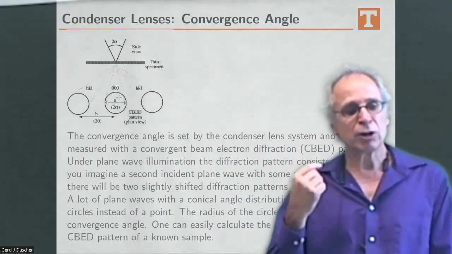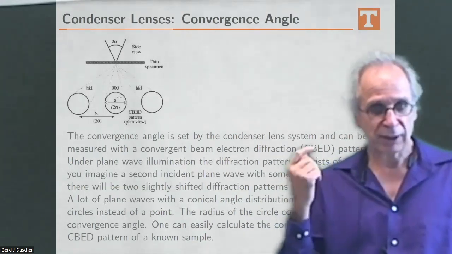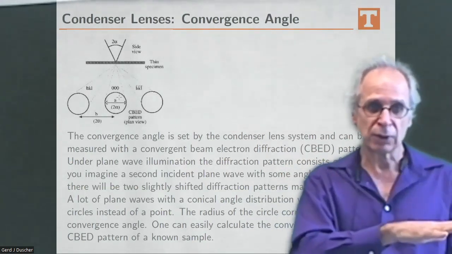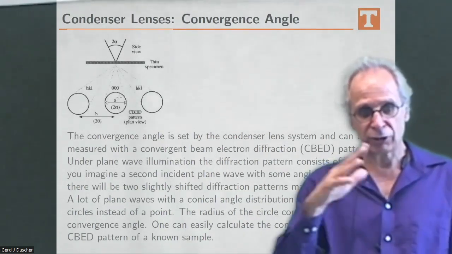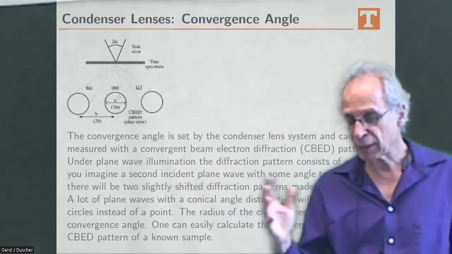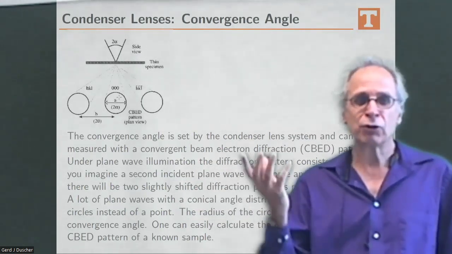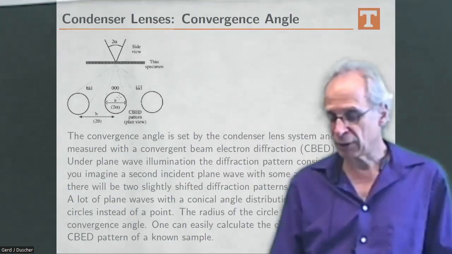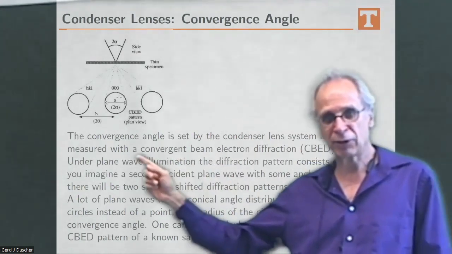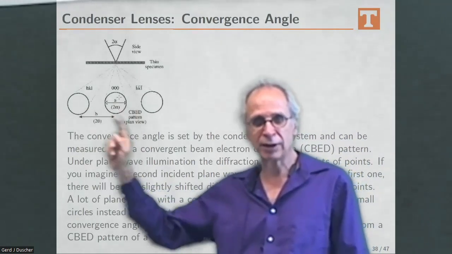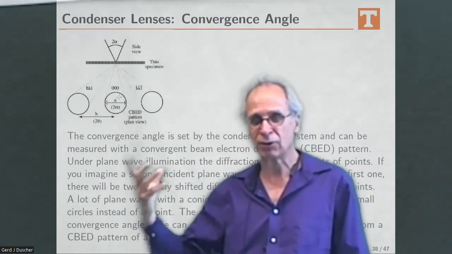It means there is no difference in the diffraction pattern of convergent illumination or parallel illumination in the position. And so if you look at the distance between two disks, you get the interatomic distances from that, you get the symmetry from that.